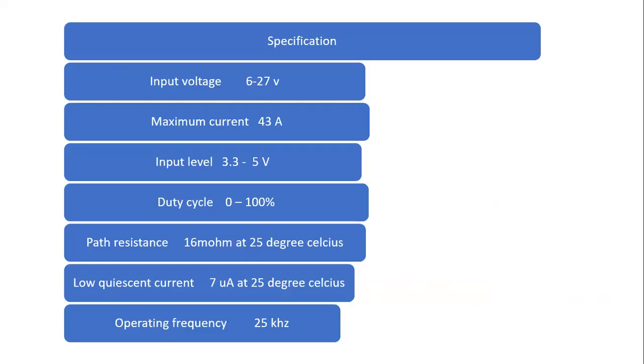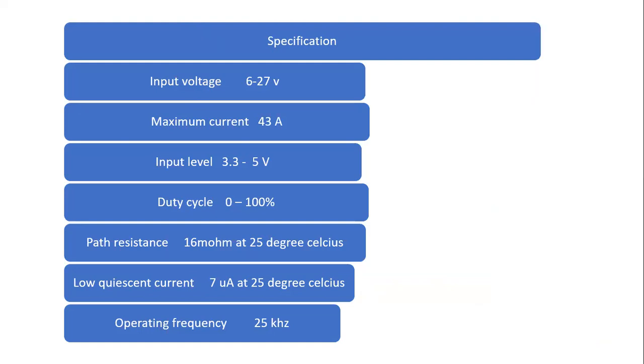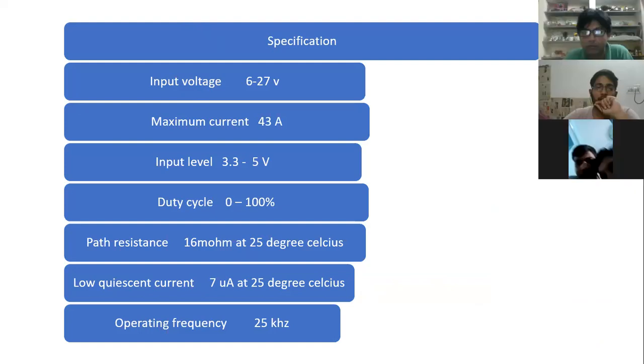The driver which we showed earlier has the following specifications: its input voltage varies from 6 to 27 volts, which means we can choose its voltage accordingly within this range.